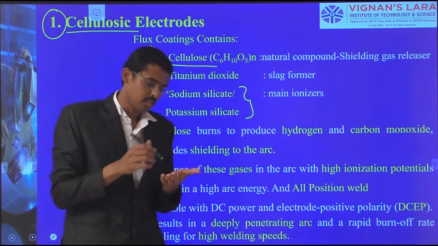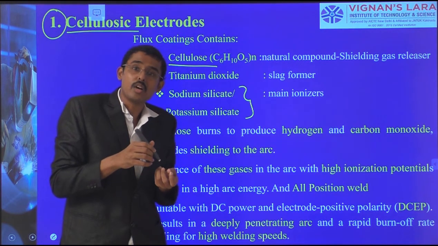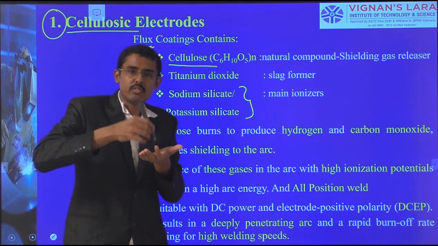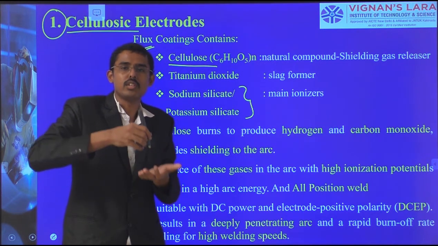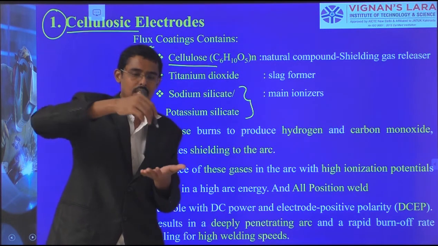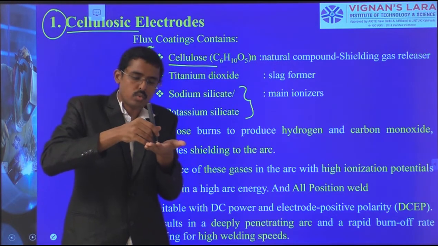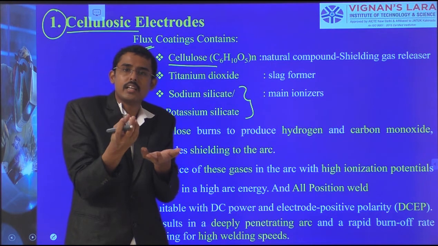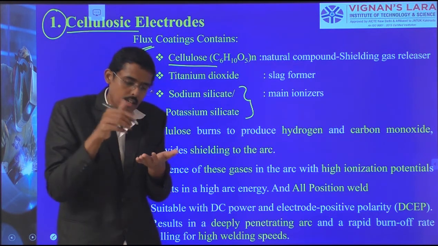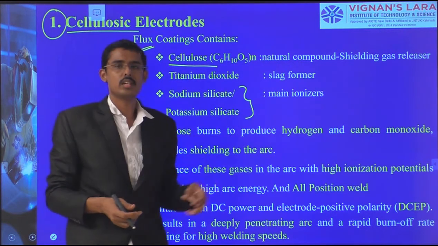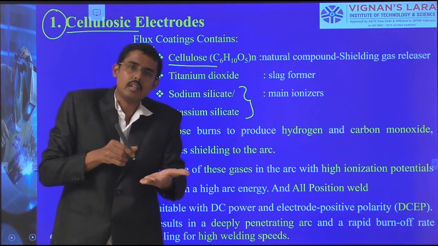They act as ionizing components, so fluctuations of current or of arc initiation will not happen. If the arc is too long, the circuit will be disconnected and welding will stop. Ionization must be there, plasma must be created, heat must be generated, and only then does melting occur. So this helps more ionization between the electrode and the workpiece.